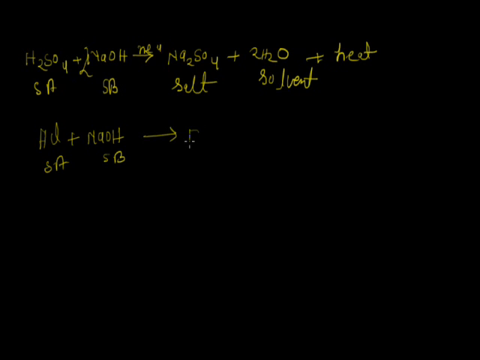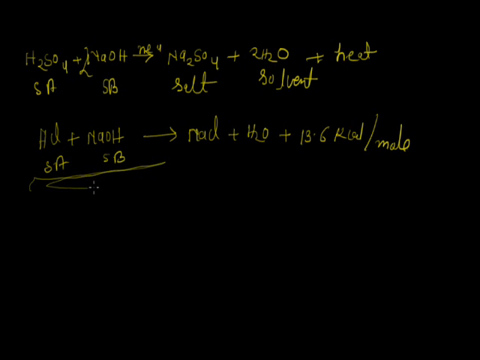After the reaction, NaCl plus H2O plus heat liberated of 13.6 kilocalorie per mole. So here one value is constant, 13.6 kilocalorie per mole. But the necessary condition is that the acid and base both are strong.